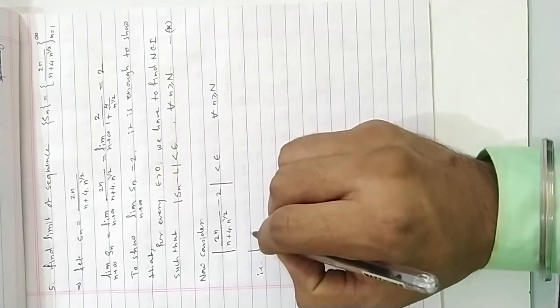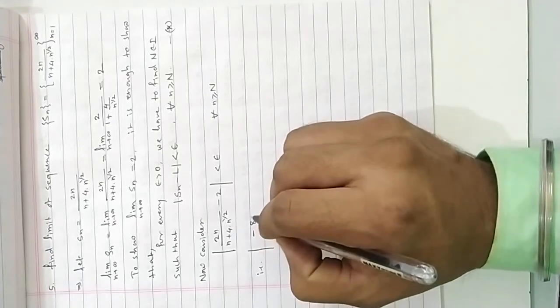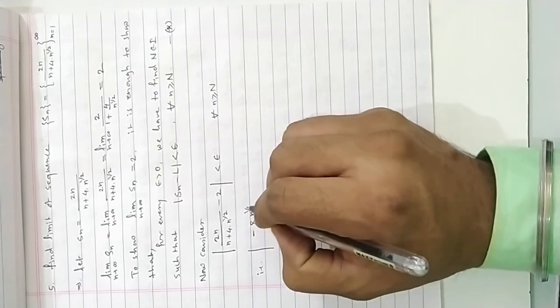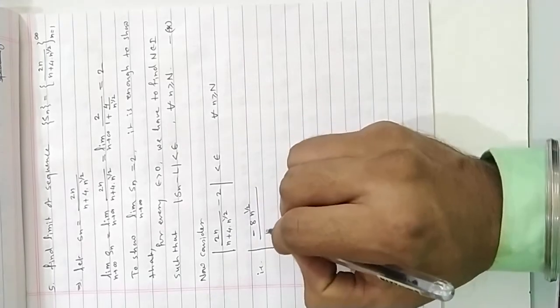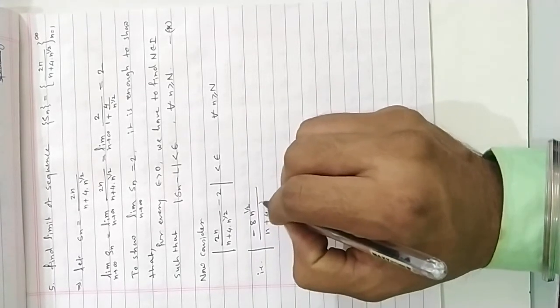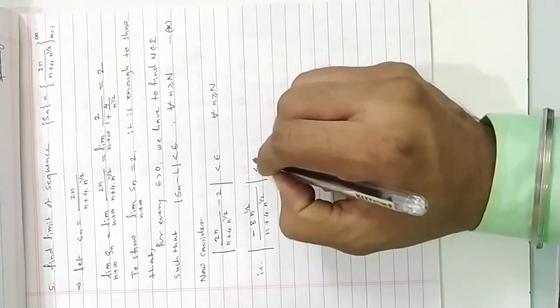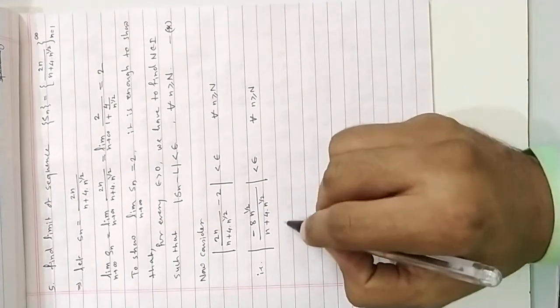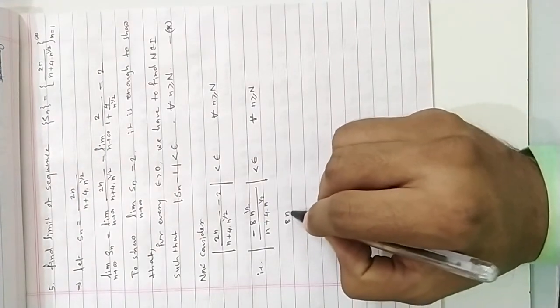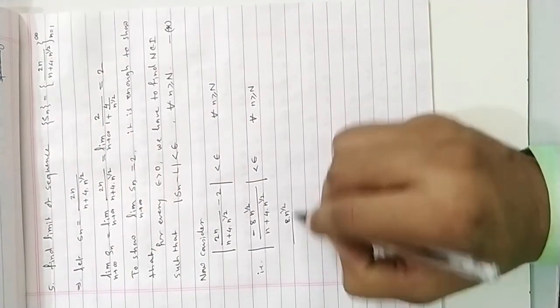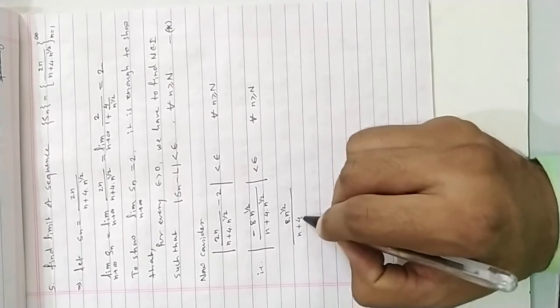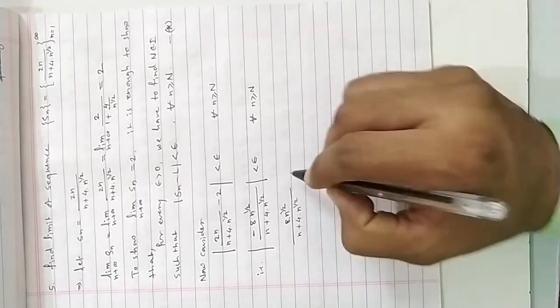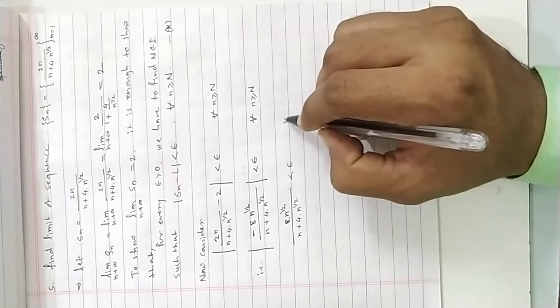So it will be minus 8 times n raised to half upon n plus 4 times n raised to half. So the absolute value, 8 times n raised to half on n plus 4 times n raised to half, should be less than epsilon.